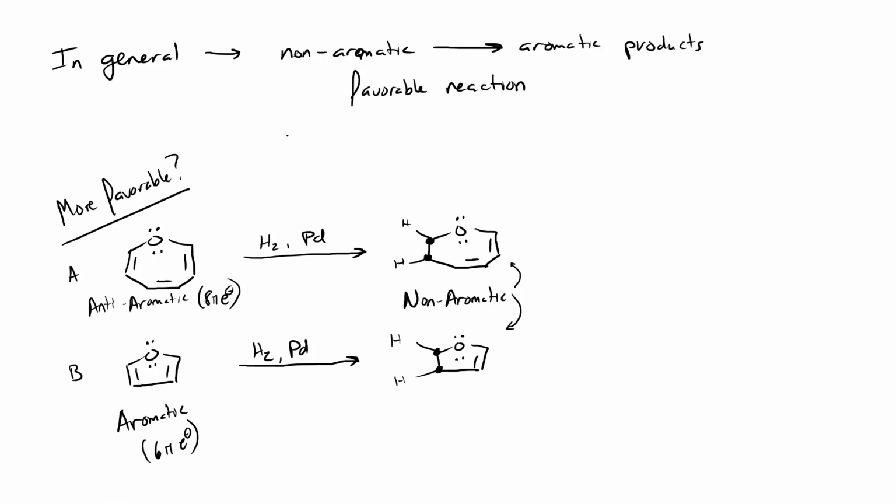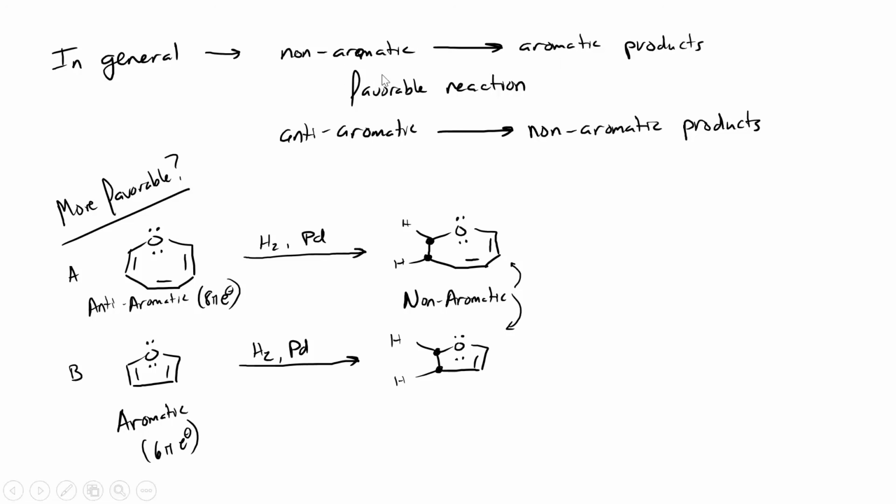In general, anti-aromatic starting materials will react very quickly, especially to form non-aromatic products. I guess if you could go from anti-aromatic to aromatic, that would be even more favorable, but usually that's pretty hard to do. You can't just rip electrons out of things, or add electrons to things.